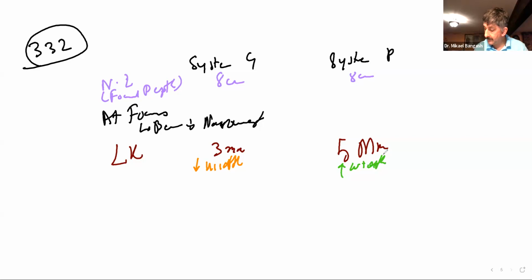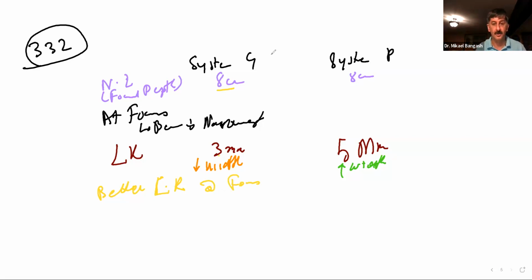Now the question is, which system will produce the higher quality pictures at the focus? Higher quality is probably a bit of an off term to use, but what we're looking for is the better lateral resolution at the focus, at a depth of 8 centimeters. What are your widths? 3 millimeters, 5 millimeters.